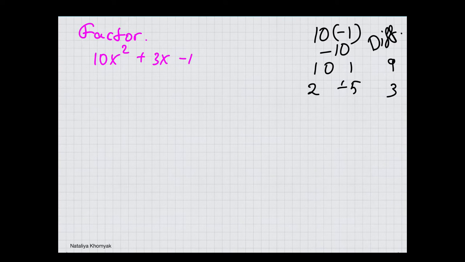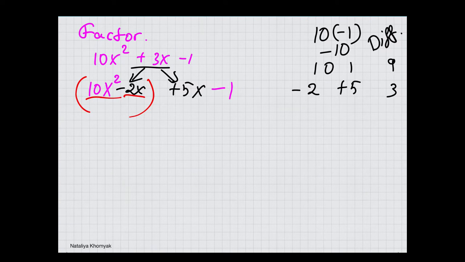We need more positives and less negatives. So negative 2, positive 5. The first step is to rewrite this as negative 2x plus 5x. Keep everything else as is. And now we can factor. This can be divided by 2x.